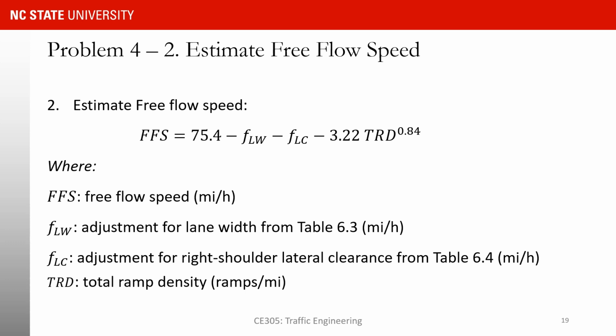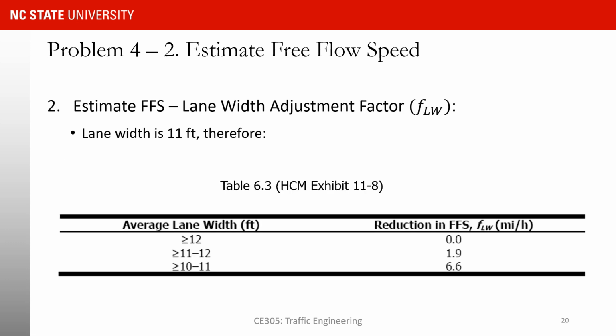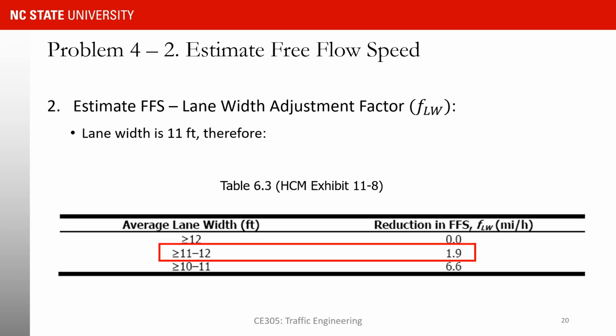We're going to use table 6.3 and 6.4 to find values for F sub LW and F sub LC respectively. So with table 6.3, lane width is 11 feet. You can see that based on the table, we are on row 2 because that row includes 11. So F sub LW is going to be 1.9.